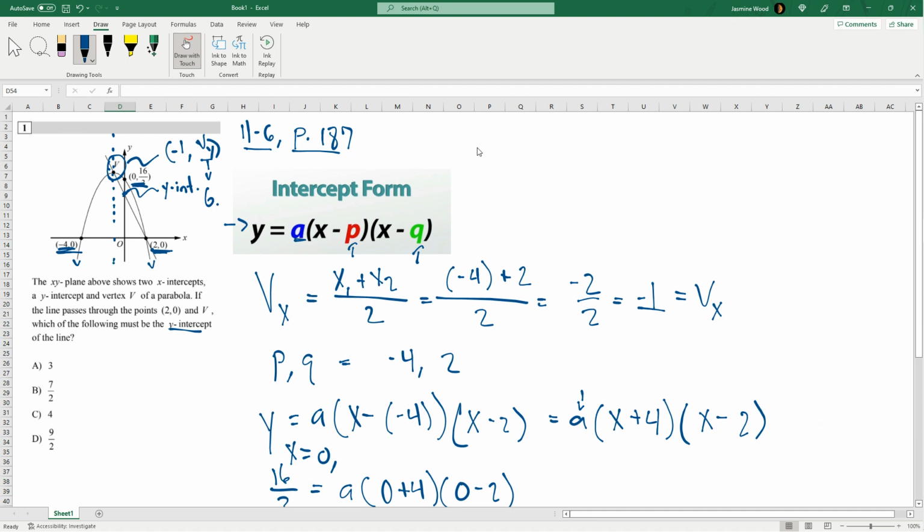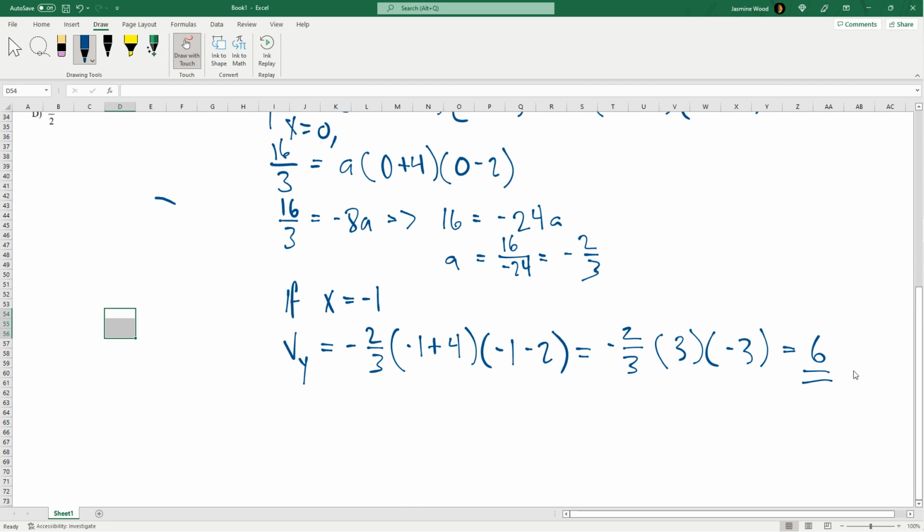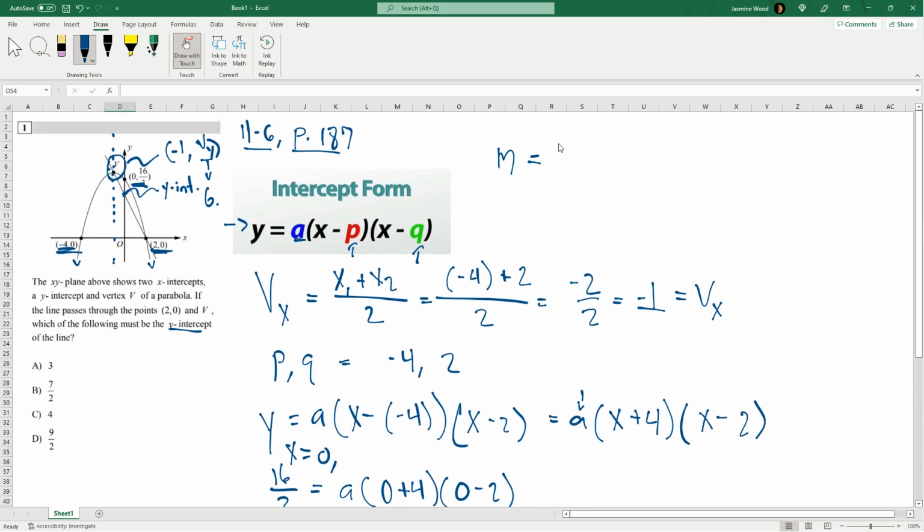So now we know, okay, here are the 2 points on this line. To find the m of this line, I drew a little line beside it, that linear line crossing the parabola. This will be y2 minus y1 over x2 minus x1.